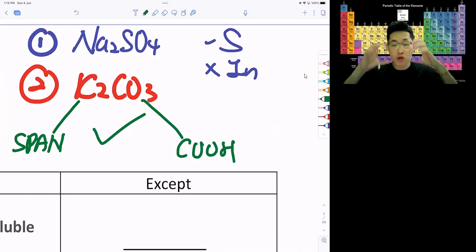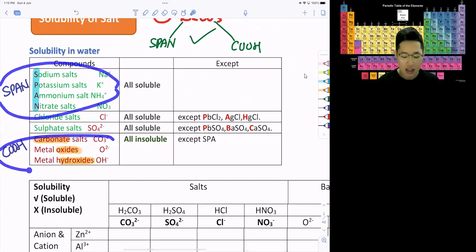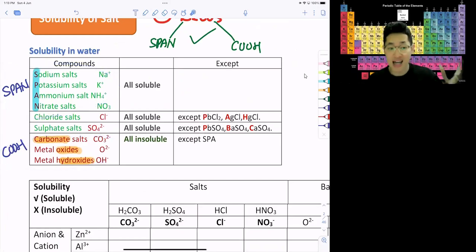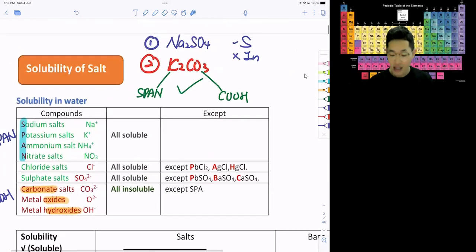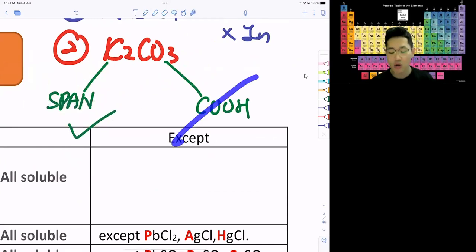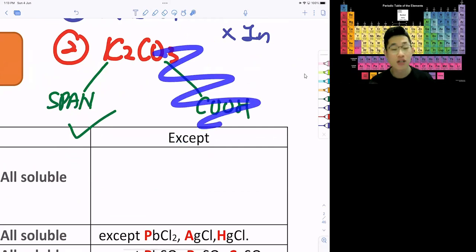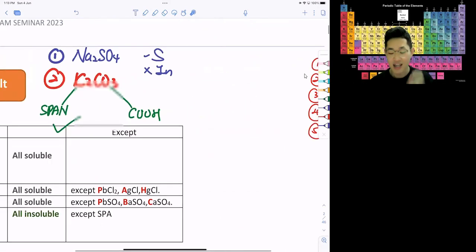So when you got an example like this, remember, when these two groups come together, we always prioritize the first one. That means when you see SPAN, it's straight away soluble. We don't care whether there is COOH or not. Prioritize the first group.